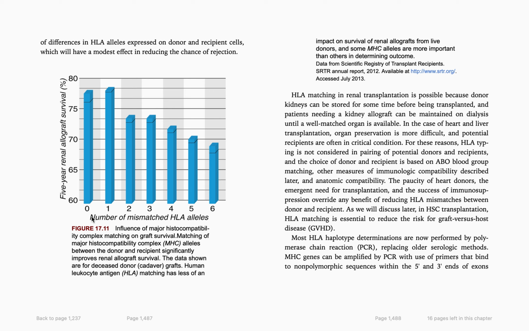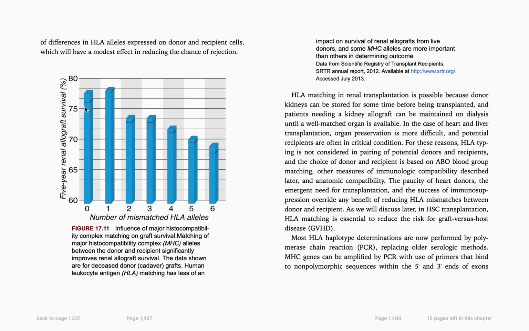Influence of major histocompatibility complex matching on graft survival: matching the major histocompatibility complex alleles between the donor and the recipient significantly improves renal allograft survival. The data shown is for deceased donor cadaver graft. Human leukocyte antigen matching has less impact on survival of graft from live donor, and some MHC molecules are more important than others in determining outcome.